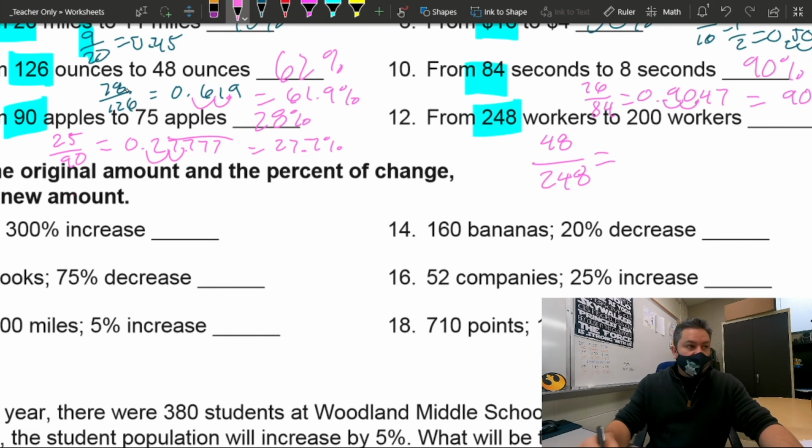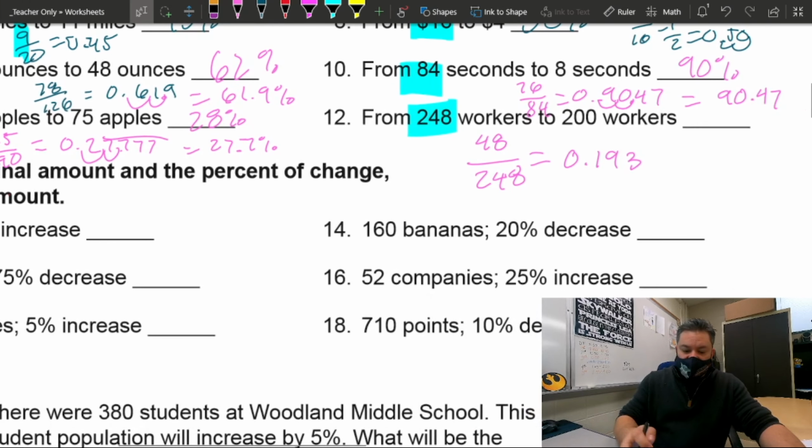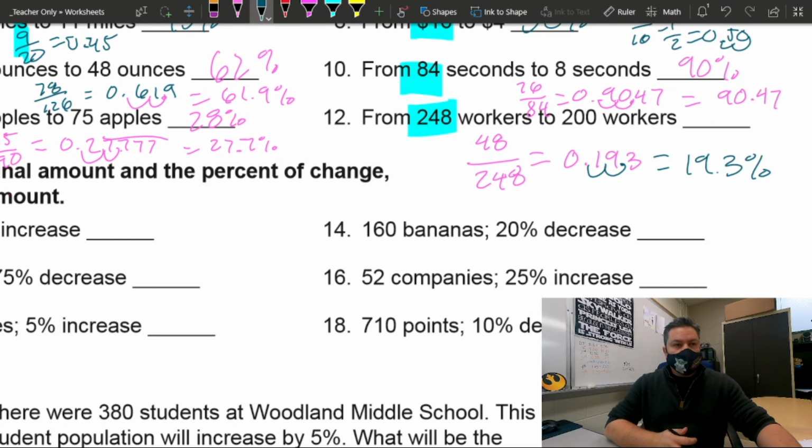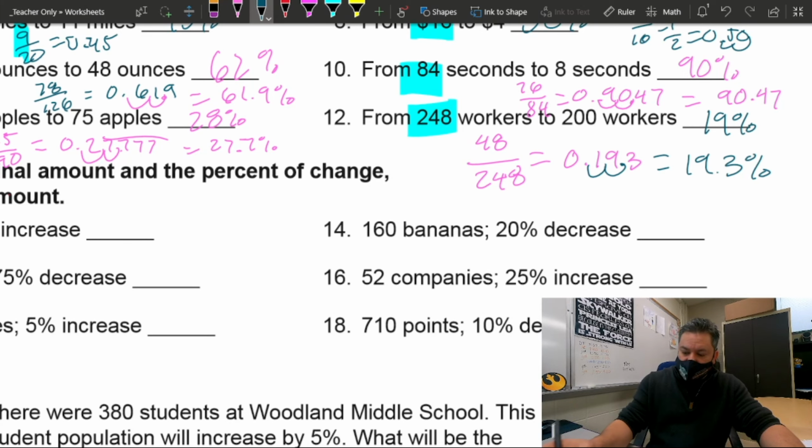And when you do TiVo, whether it's simplified or not, you're going to get 0.193. So from here, that's my decimal point. Don't forget to move the decimal 1, 2, and this becomes 19.3%, which is closer to 19 or 20? 19. So my answer right here is 19%.